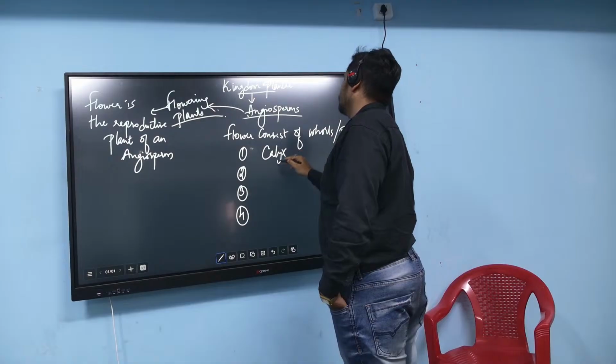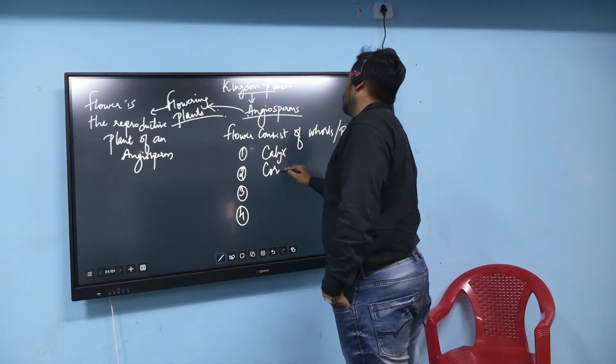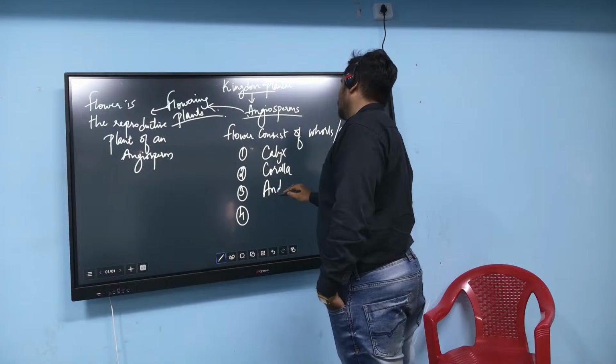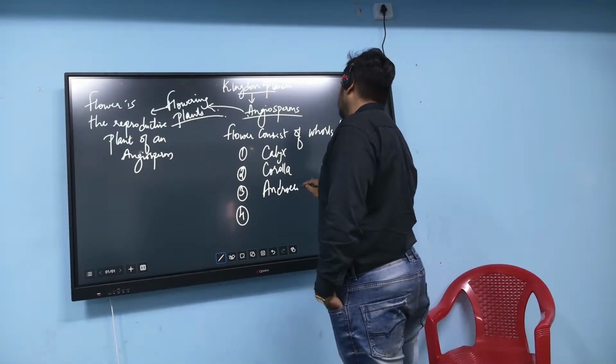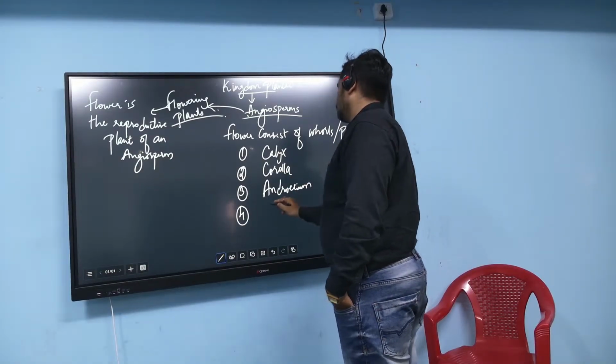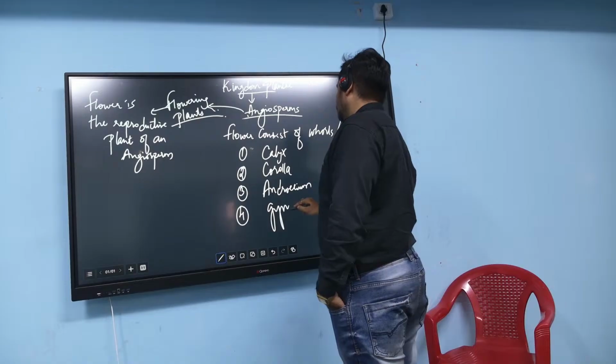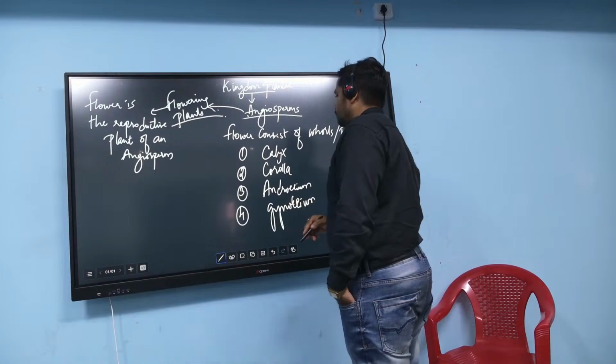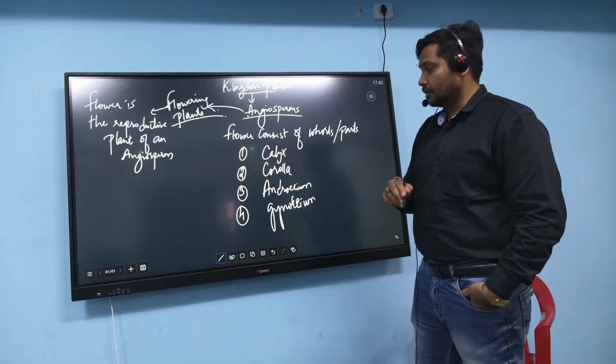Calyx, corolla, androecium, and gynoecium. Four whorls of the flower.